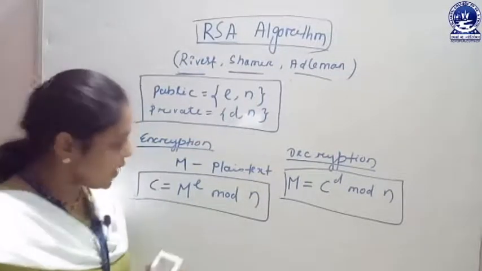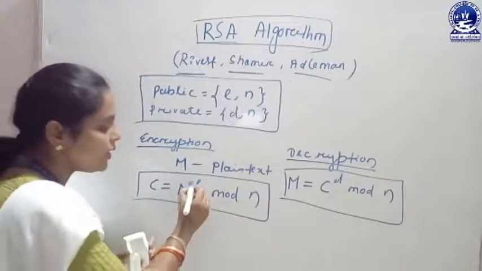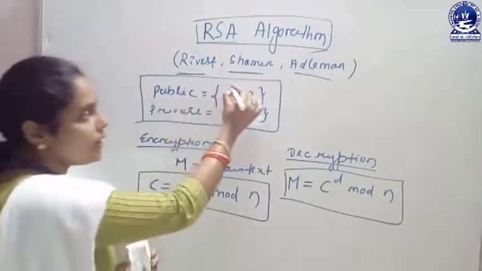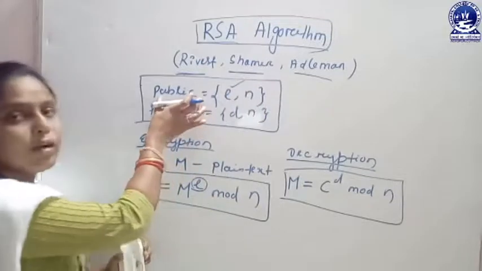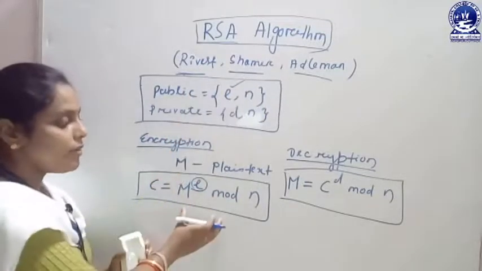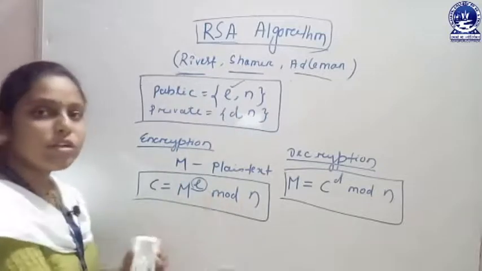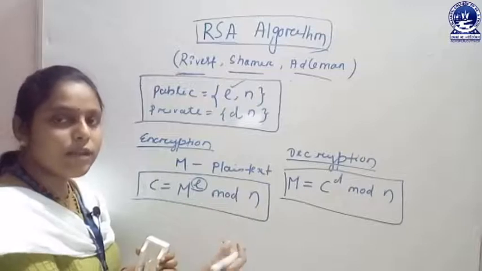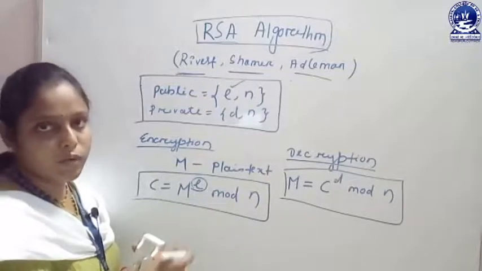Now in this algorithm, E is used for encryption. Here E is the public key. When we use the public key to encrypt a message, we must use the private key for decrypting, which satisfies our public key crypto system rules.